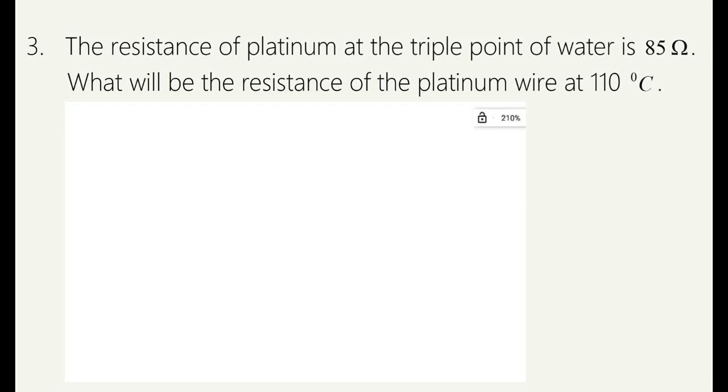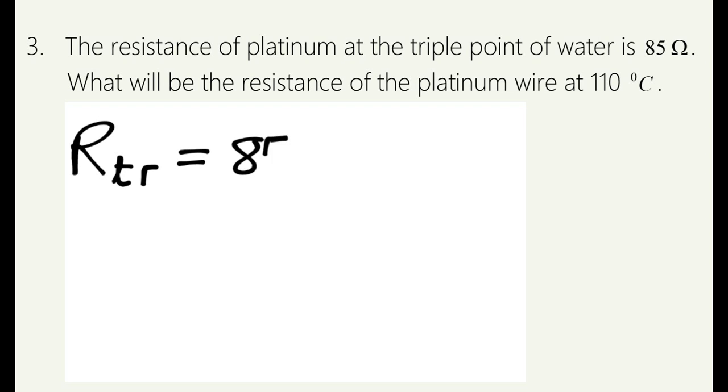Okay, so we can write this and say we were told that the resistance at the triple point, I'm writing it as RTR, resistance at triple point, is given as 85 ohms.